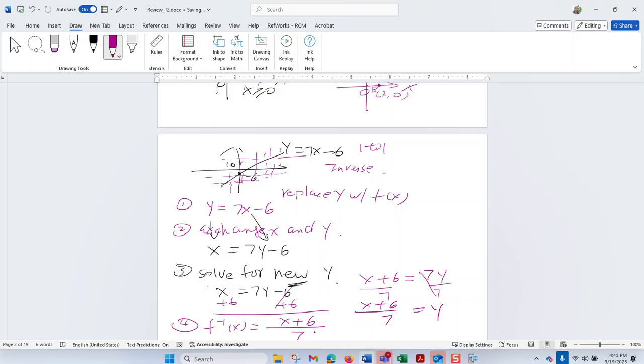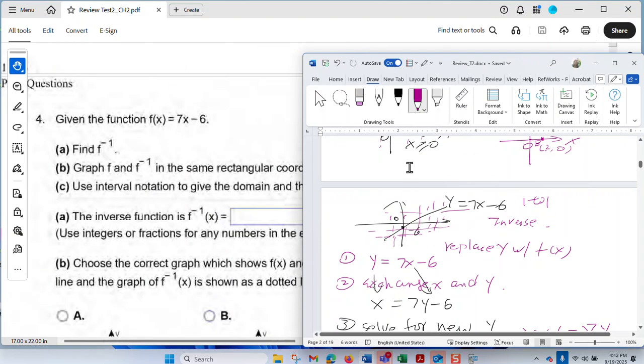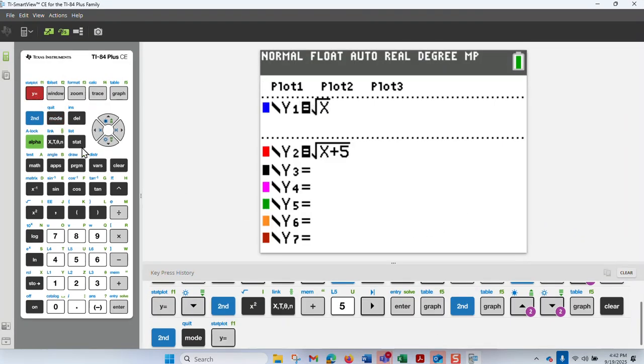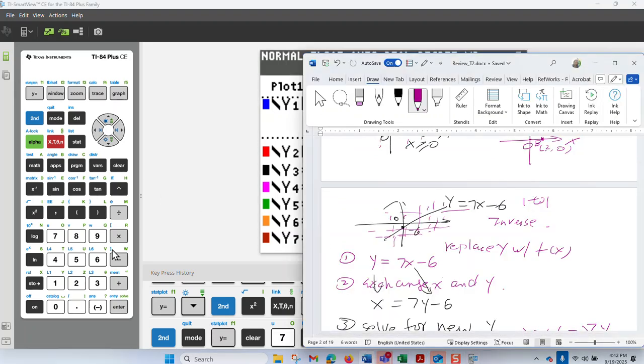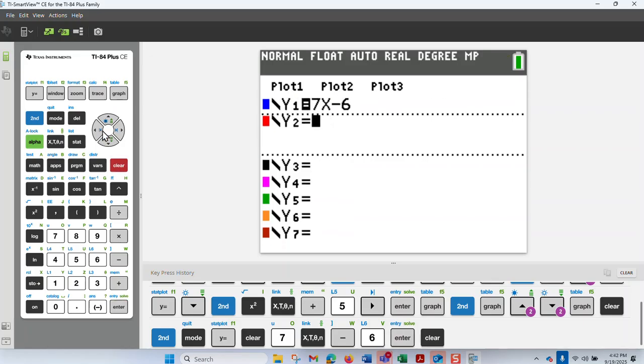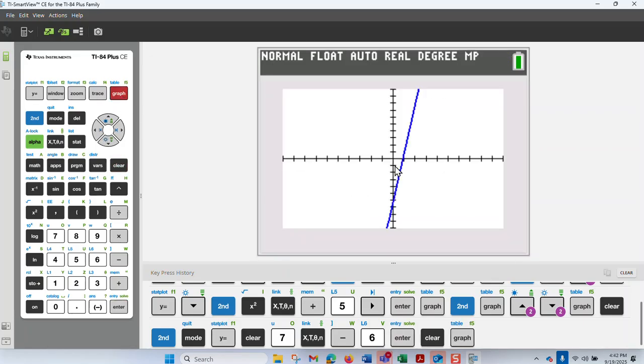Okay. If I graph the original function and my inverse function, let's see what that looks like. We have 7x minus 6. If I graph this one right here, I have my y1 equal to 7x minus 6.